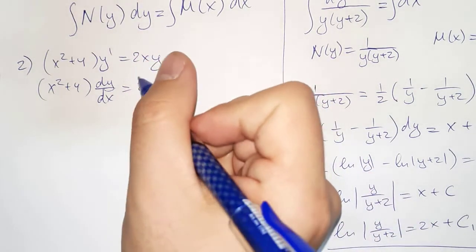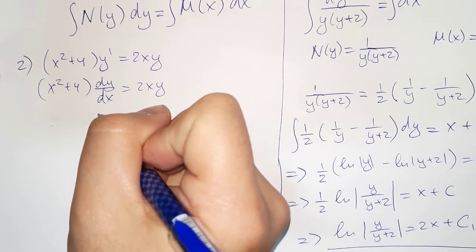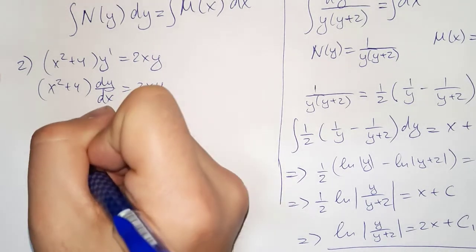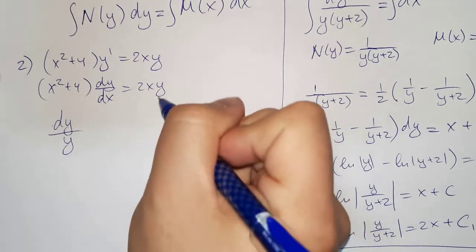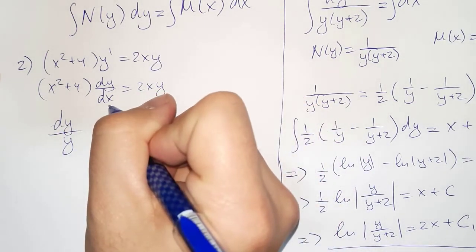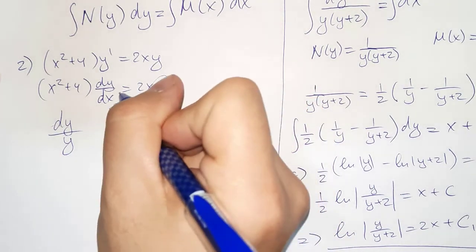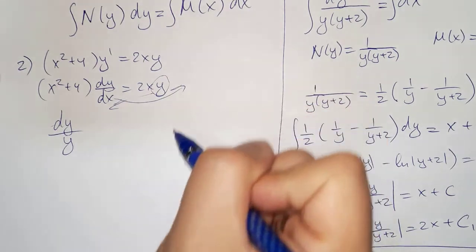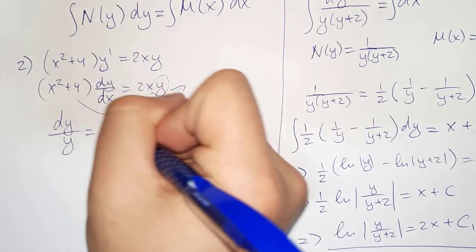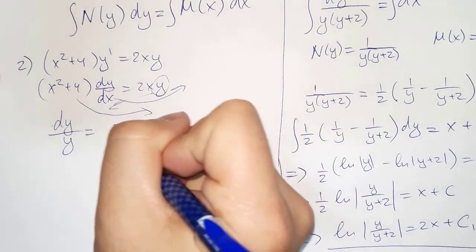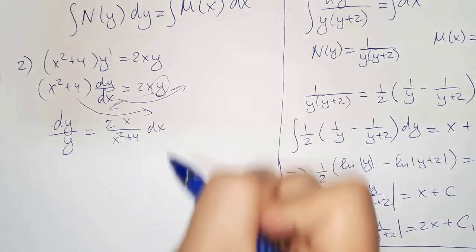So we get dy over y, because we divide by y. The dx goes up, and x squared plus 4 goes down, and it will be 2x over x squared plus 4 dx.